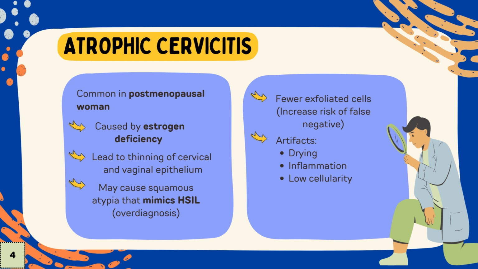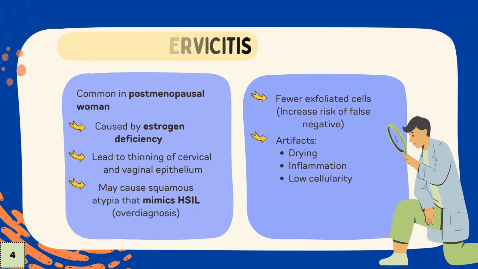This similarity can cause overdiagnosis, where patients may be suspected of having precancerous lesions. At the same time, due to fewer exfoliated cells seen in the smear, there is a risk of false negative. Apart from that, other diagnostic difficulties include drying artifacts, inflammation, and low cellularity that can affect nuclear details and smear quality.